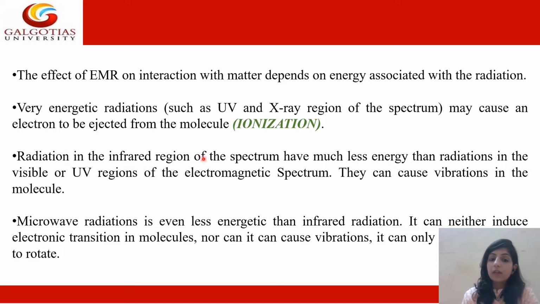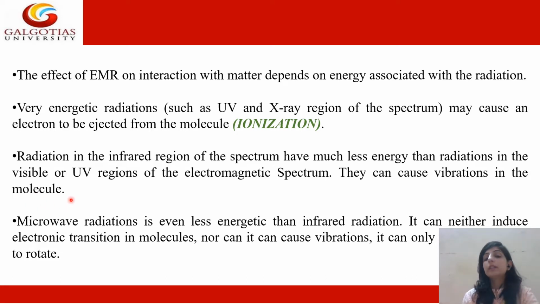Radiation in the infrared region of the spectrum has less energy in comparison to UV radiation or X-ray radiation. So this radiation will not produce ionization as it is less energetic. It is able to cause vibrations in the molecule.